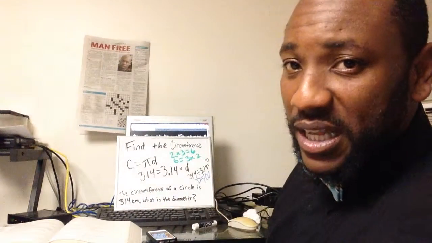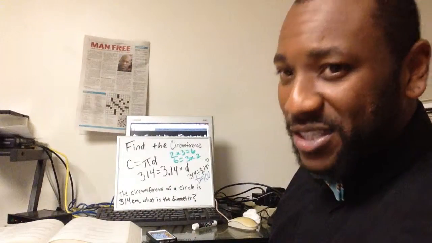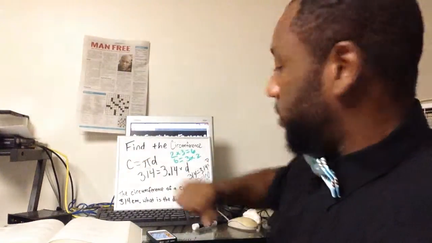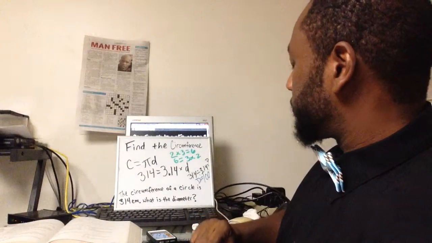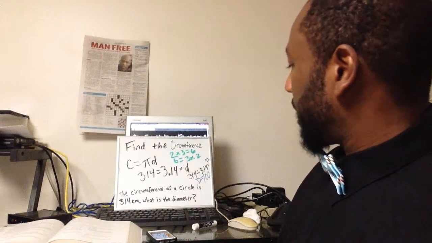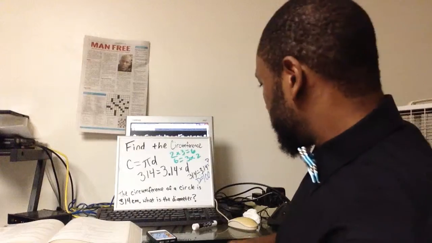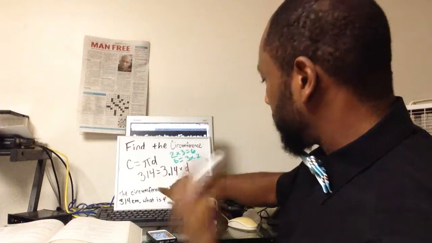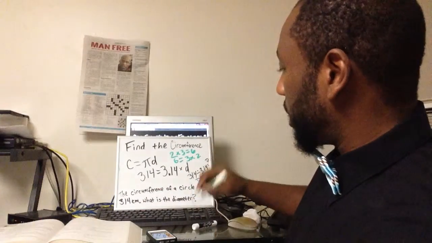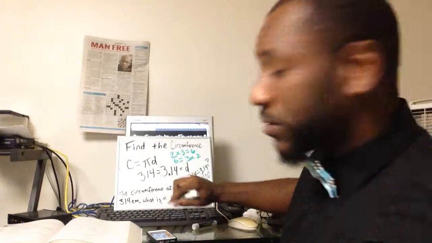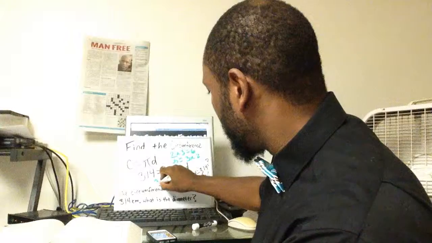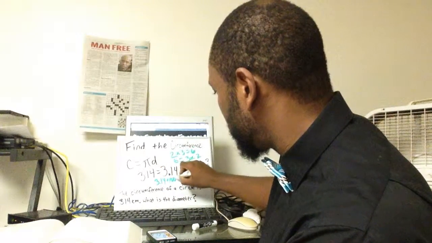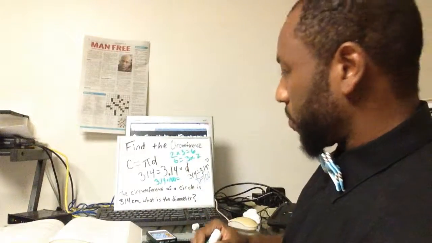With a situation like this, it's always a good idea to go back and check your work. And it's easy to check your work. All you got to do is follow the instructions again. Right? So pi times diameter. That means that we said diameter was 100, and we know pi is 3.14. So that's 3.14 times 100 equals.